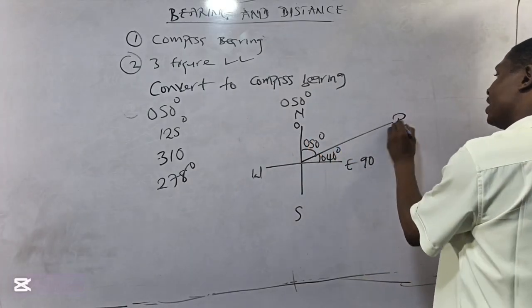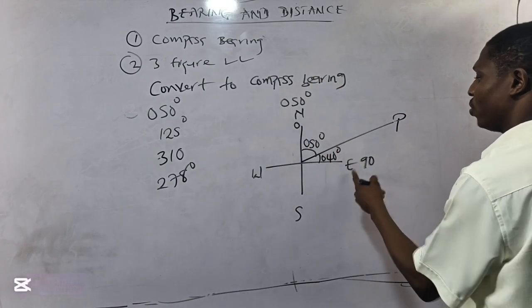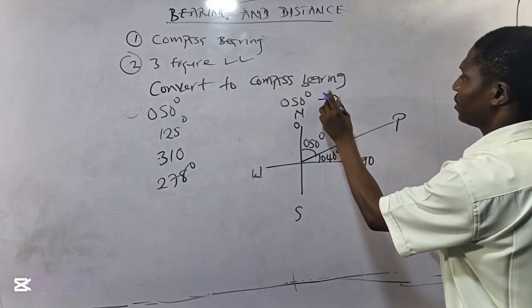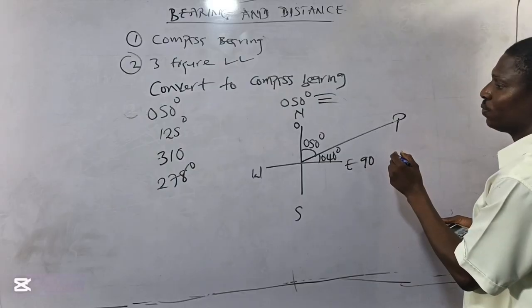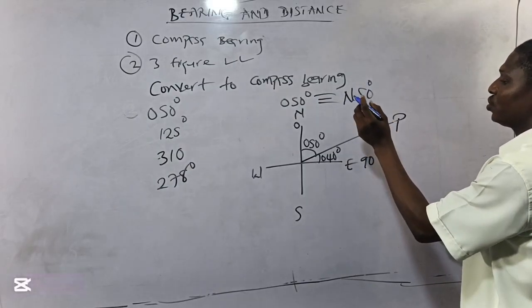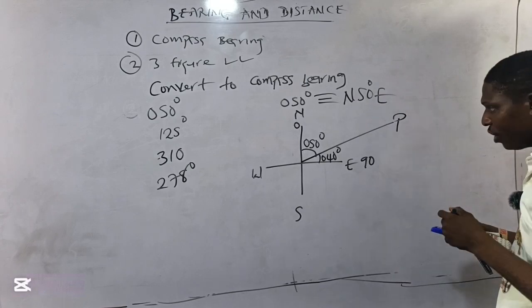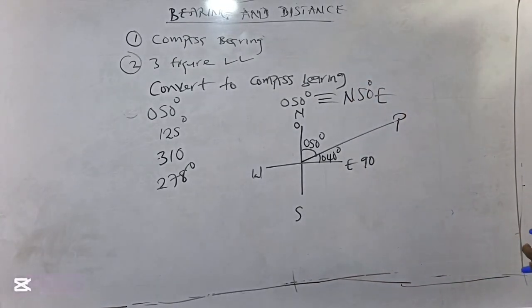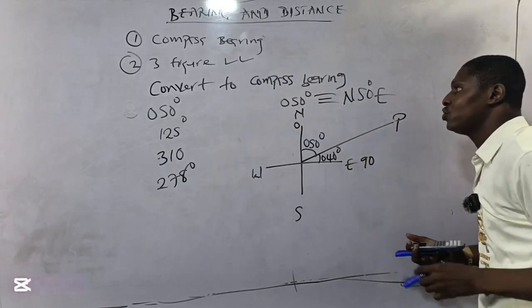Now, I have 050 degree, but what I got is still in between north and east. So my answer should be, this is equivalent to north 50 degree east. So whenever an angle is less than 90 degree for three-figure bearing, you simply put north and east in between.